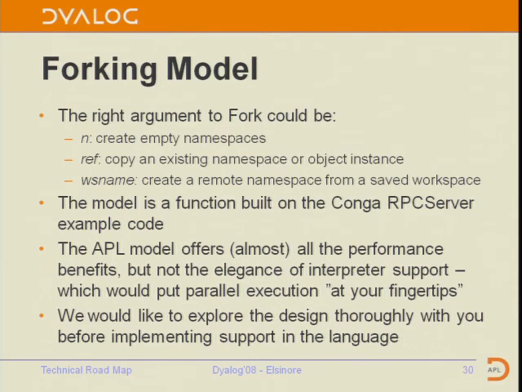An APL user would be able to learn to type expressions like that and harness multi-core without learning heavy machinery again. But we want to wait a bit with actually putting this into the language. We'd like to, with some of the users who really have a need for this, experiment with the APL model and then maybe put it into the language.